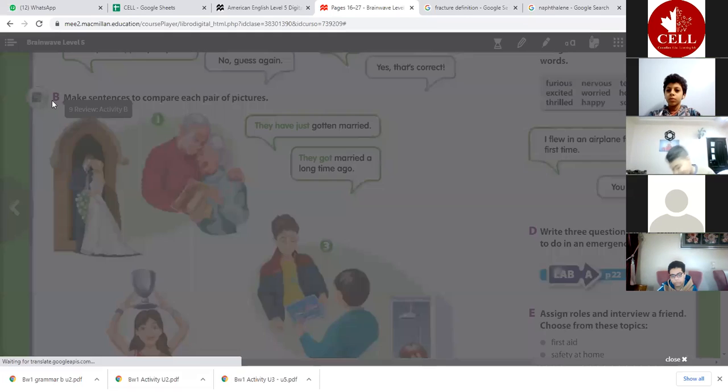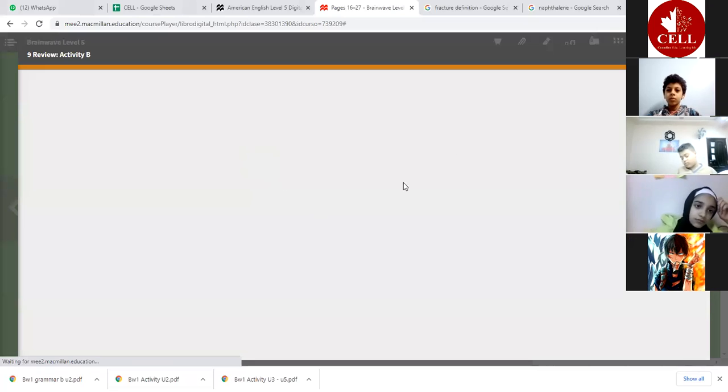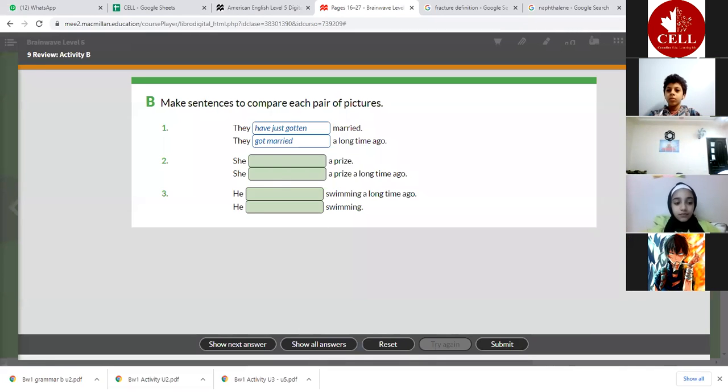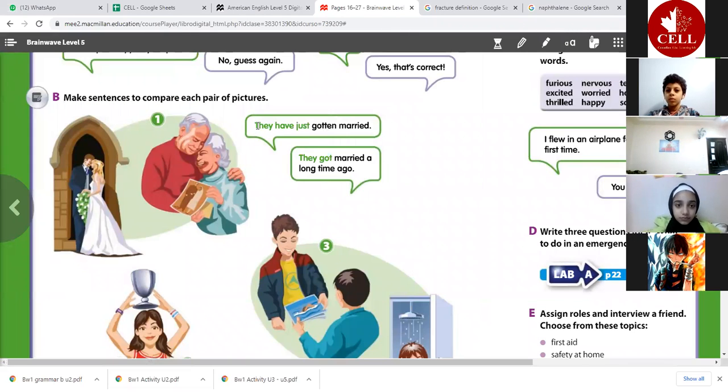Make sentences, yeah. Okay, so here, they have just gotten married. So when we are talking about something recent and we want to use just, we are going to use the third form of the verb.